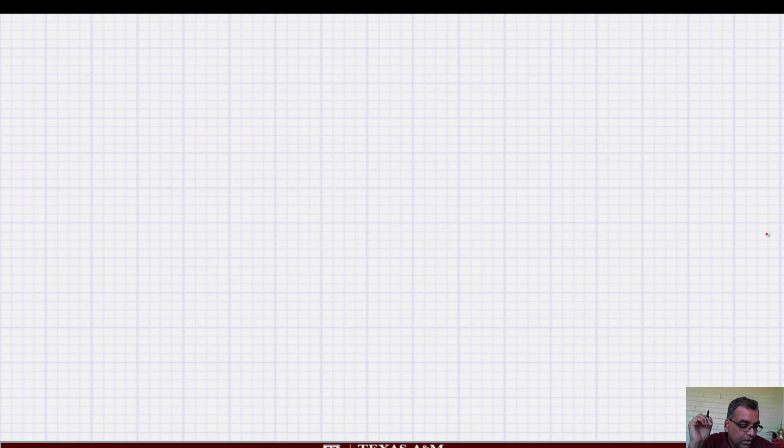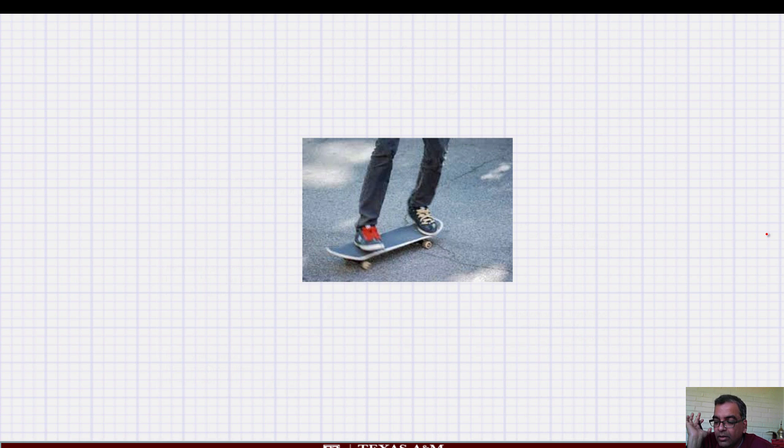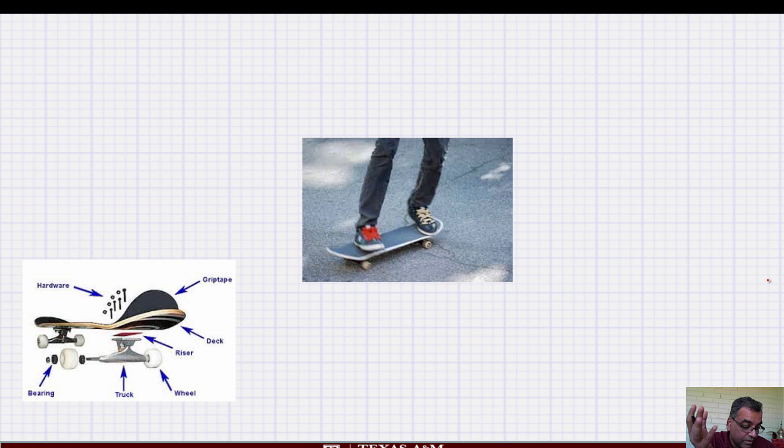Very good. So let's start. Let's say you want to do something very simple. You want to design a skateboard. If you look at a skateboard, it's got lots of things in it, surprisingly many parts. It's got bearings, something called a truck, wheels, this thing called a riser, deck, grip tape, all kinds of stuff.